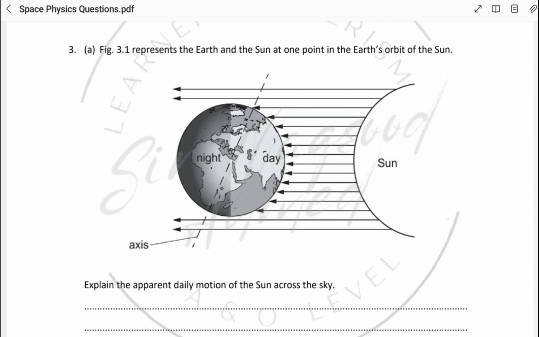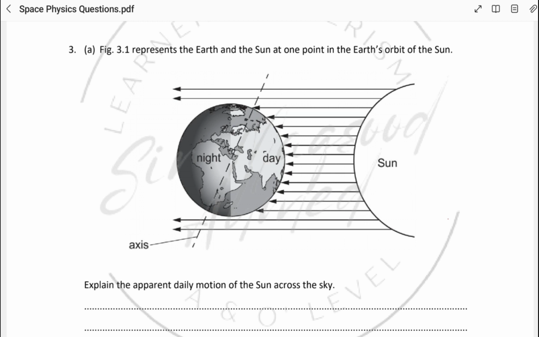Figure 3.1 represents the Earth and the Sun at one point in the Earth's orbit of the Sun. The statement of the question is, explain the apparent daily motion of the Sun across the sky. Actually, the apparent daily motion of the Sun across the sky is due to the Earth's rotation on its axis.